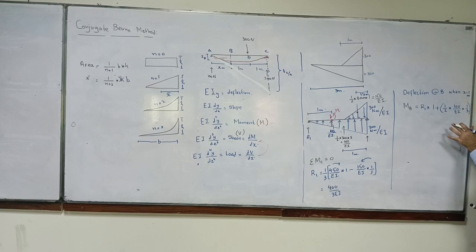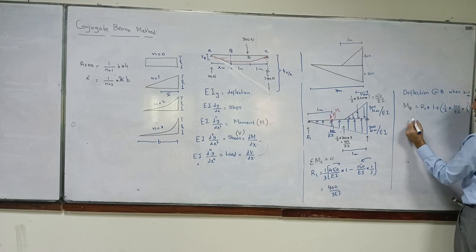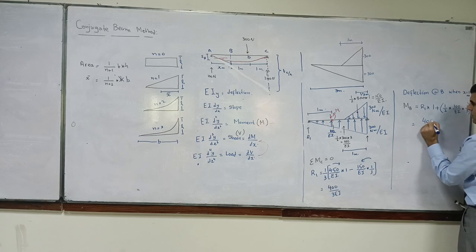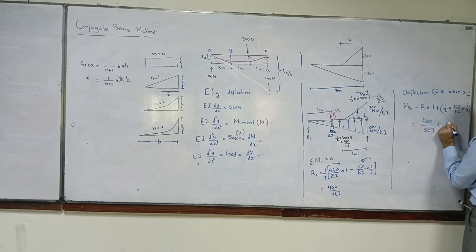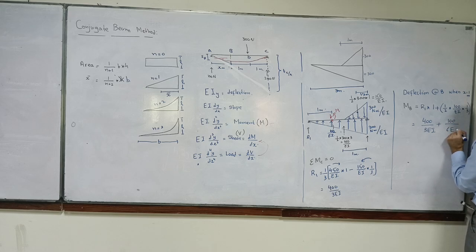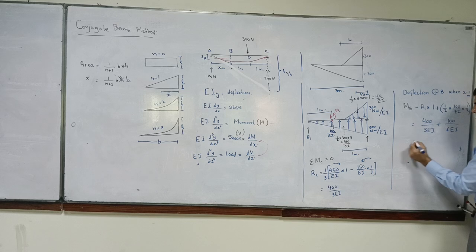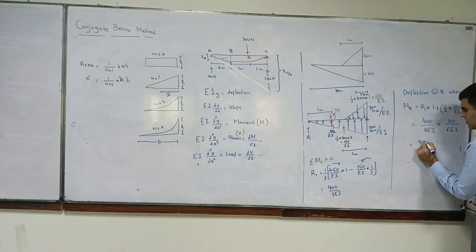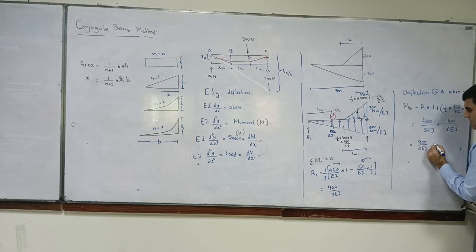R1 is 400 plus 100 by 6 EI. 900 over 6 EI, 150 over EI.